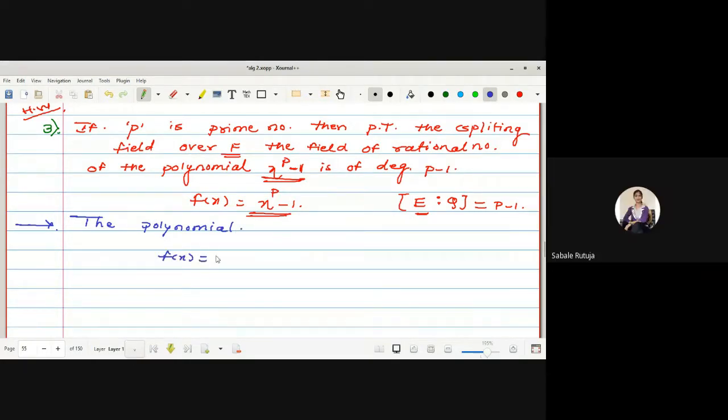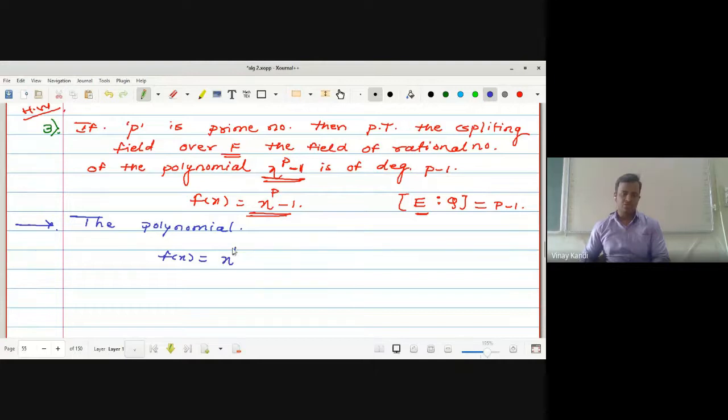Yes, sir. f of x is equal to x raised to P minus 1, which belongs to F of x, that is the ring of polynomials over the field of rational numbers. Now, f of x we can write as a product of two polynomials.